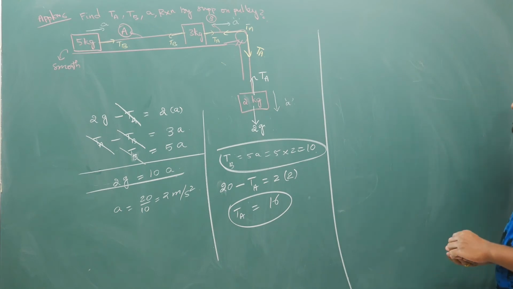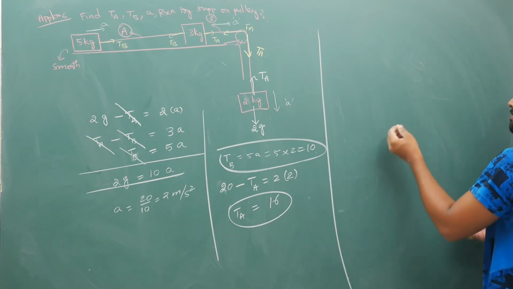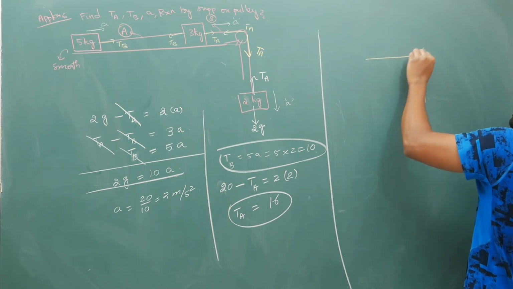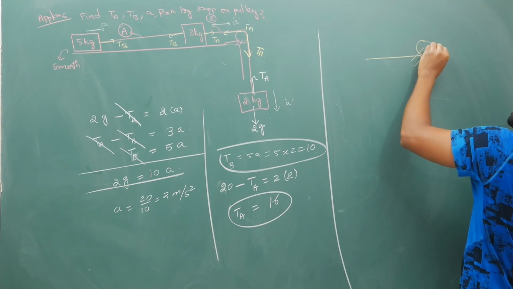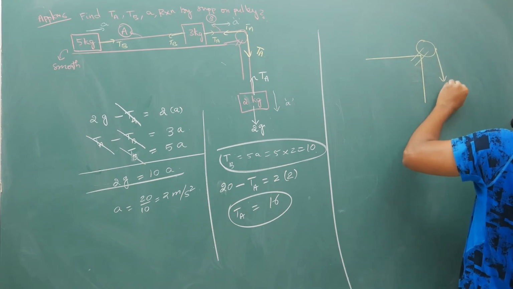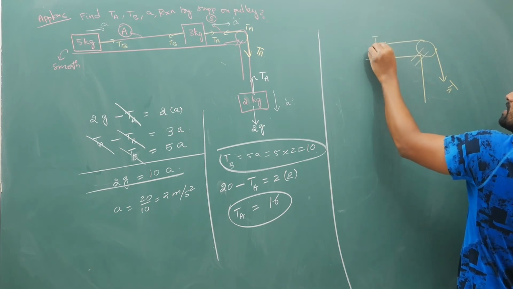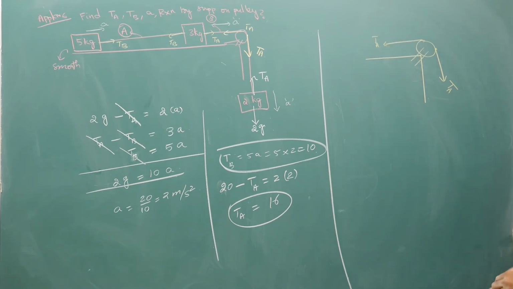Now what is this reaction by support on the pulley is the important part that I want to focus on now. So now if you look at this figure, on this pulley there are two forces. One is TA here and one more TA is like this. Okay, now if there is a force on this pulley, what will happen? This force will accelerate the pulley, because here net force is not 0 because of this TA and TA.